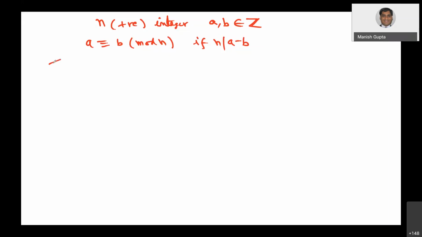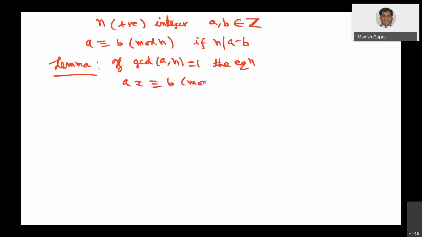Now I'm going to mention a very interesting lemma which we are going to use later on. It says that if GCD of a comma n is 1, then the equation ax congruent to b mod n is solvable, and its solution is unique.